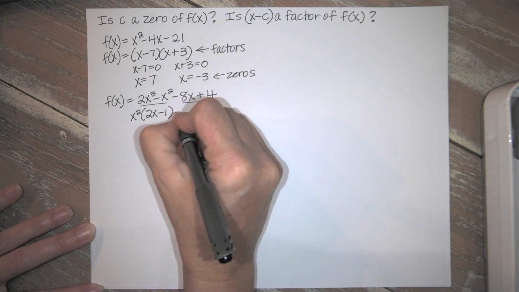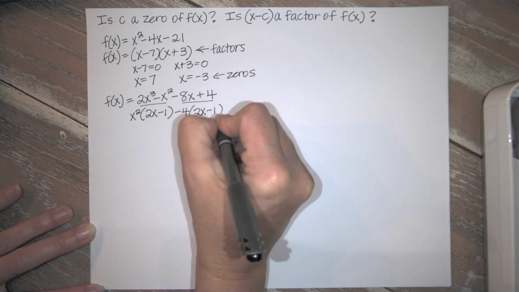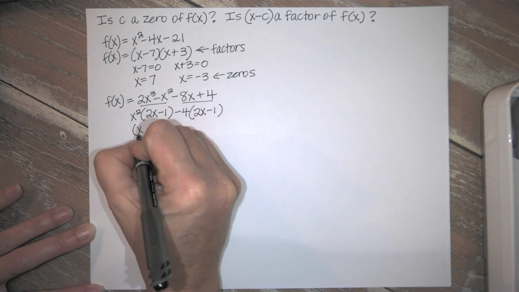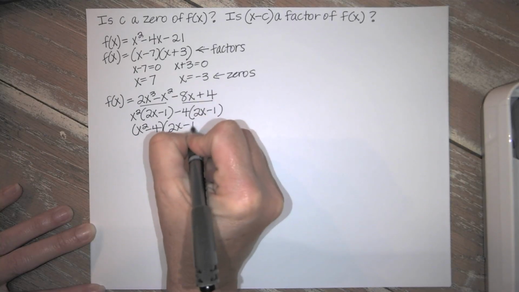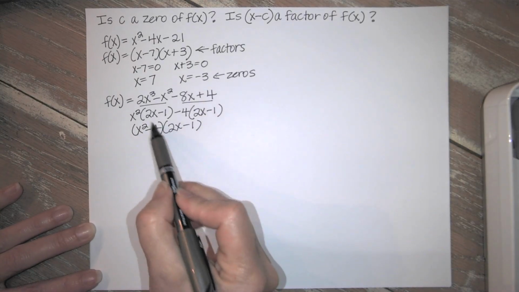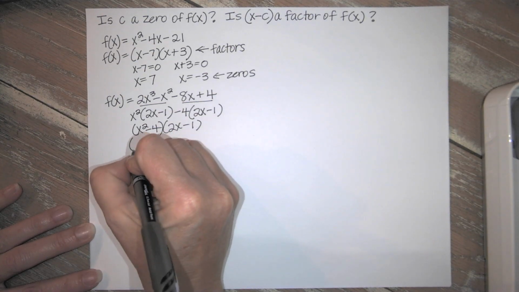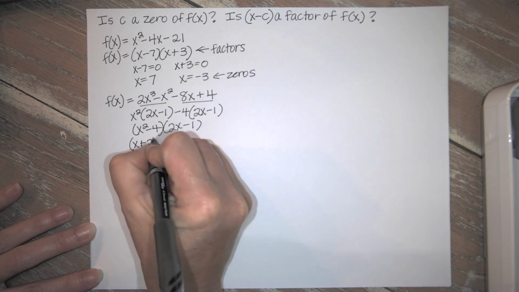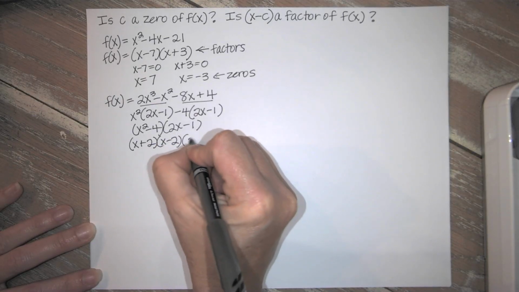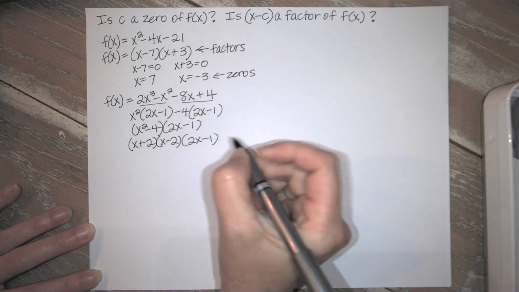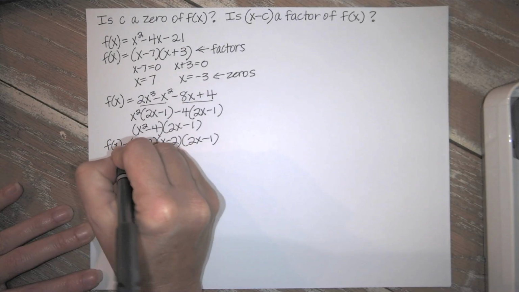In my second group, I can factor out a negative 4, which leaves me with 2x minus 1. And then I end up with x squared minus 4 and 2x minus 1. And hopefully we see that this factor can break down even further as the difference of squares. So that breaks down to x plus 2 and x minus 2. And then we have 2x minus 1. So this is the factored form of that polynomial.